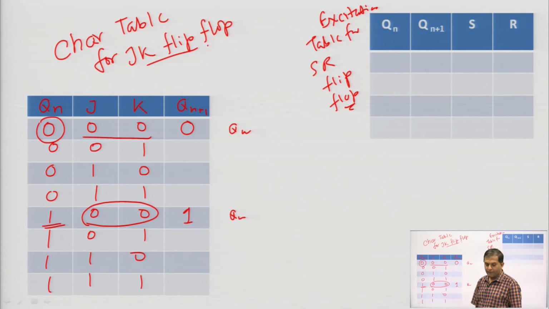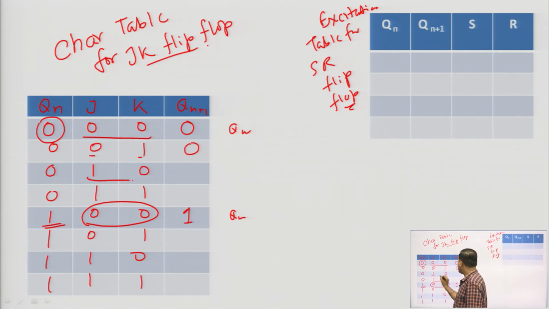Is it clear? When the inputs are 0 and 1, we will be having Qn plus 1 as 0. When 1 0 we will be having 1. Now, when both the inputs are 1, then the next state will be the toggle, the complemented form of Qn.